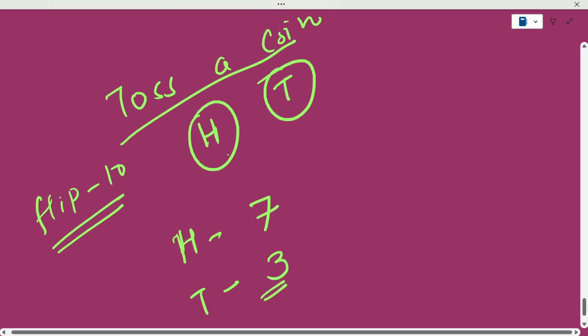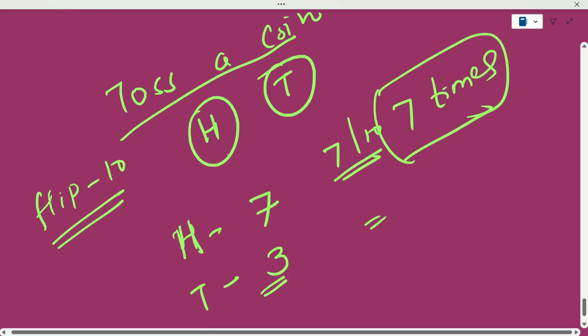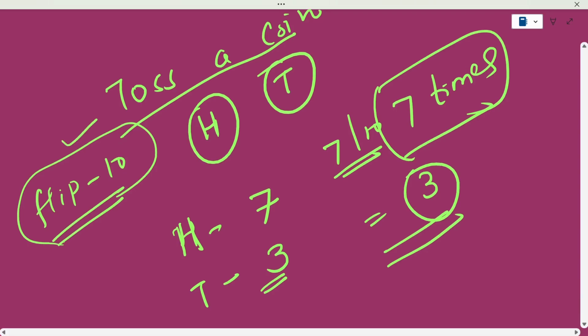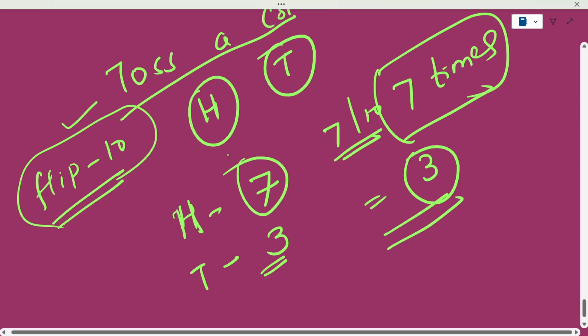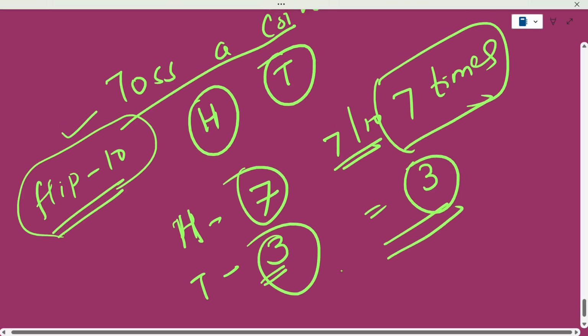So the frequency of head is 7 out of 10. You can say the frequency of head is 7, whereas the frequency of tail is 3 in random flipping of order 10. Whatever number of times repetition happens, that will be the frequency of that event.